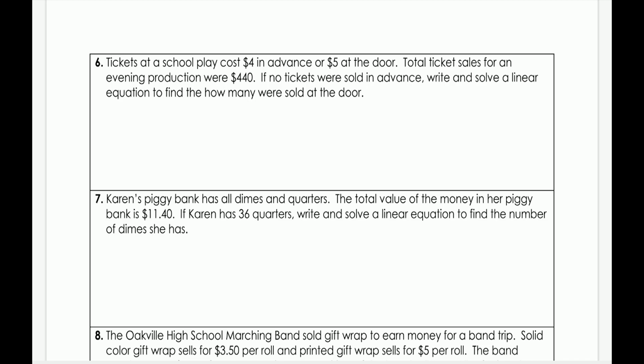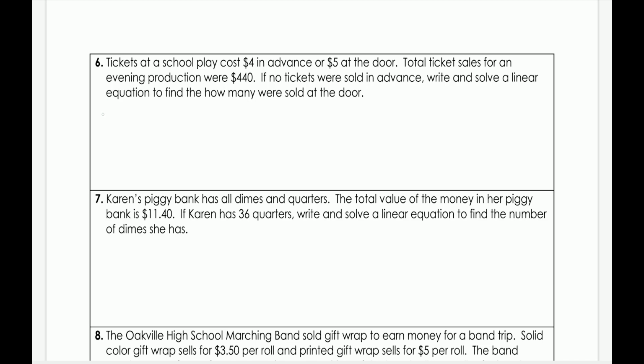The total ticket sales for the evening game were $440. If no tickets were sold in advance, we are going to write and solve a linear equation to find how many were sold at the door.